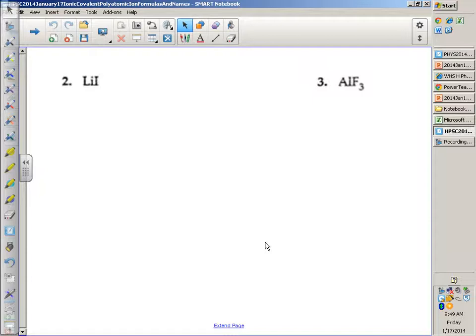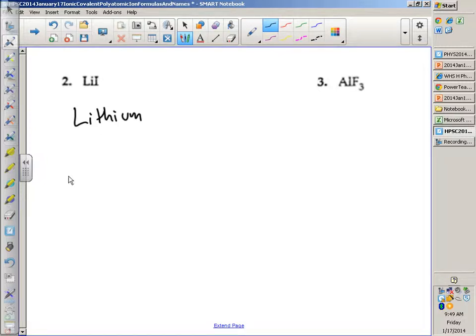When we name ionic compounds, we said the name is based on the elements that are in it. First part of the name deals with the cation, which is the metal. So here we're going to write lithium. And then the second part of the name deals with the nonmetal part, iodide. No prefixes for this one.